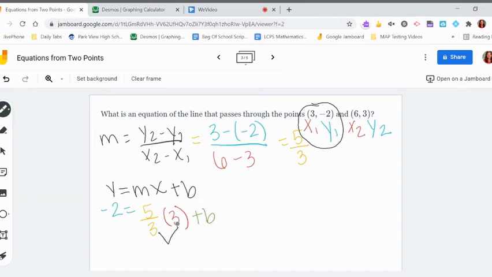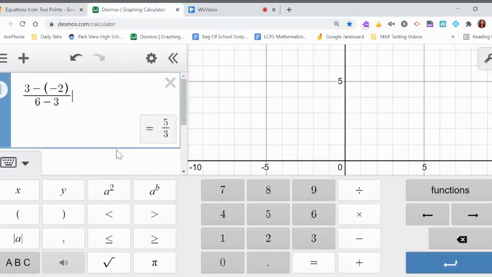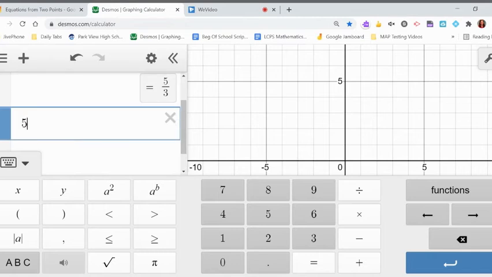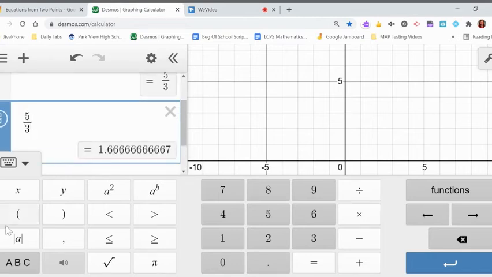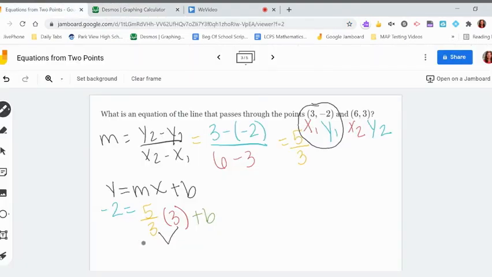Multiply them. 5 over 3 times 3 is 5. So I get negative 2 is equal to 5 plus b. I have to subtract. Oop, got a little ahead of myself there. Subtract 5 from here. Negative 2 minus 5 is negative 7.